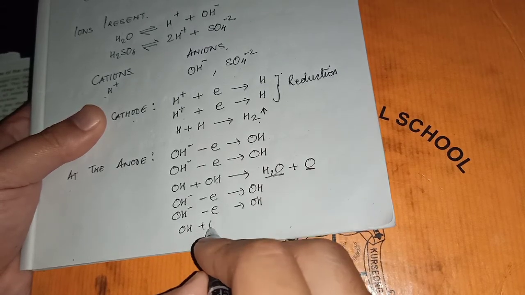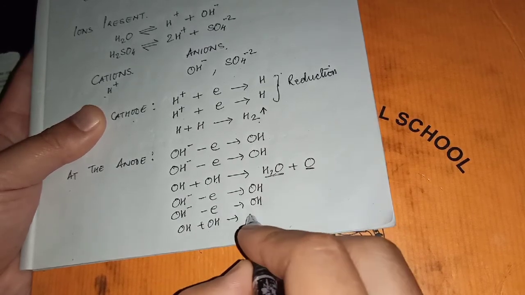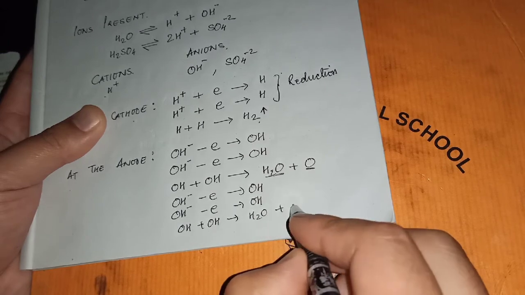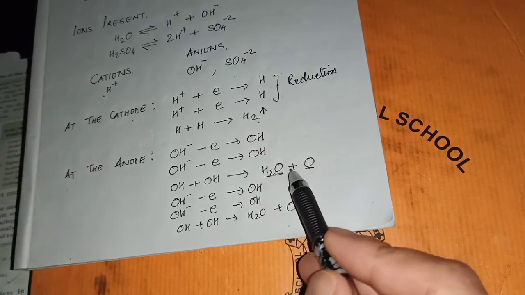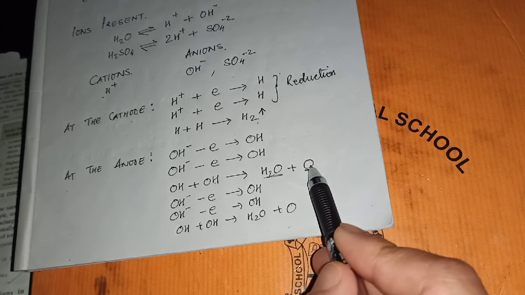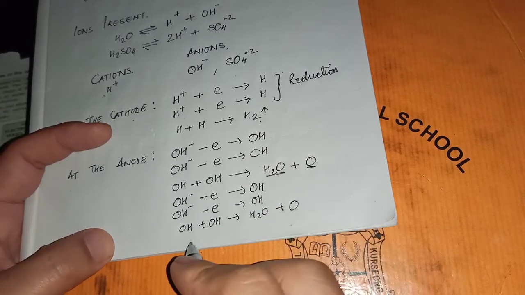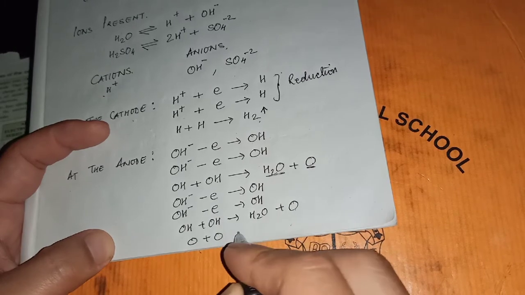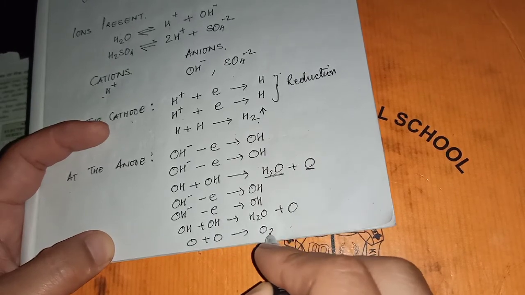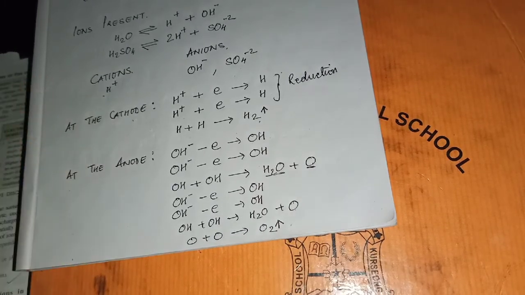These two OH combine and produce H2O plus O. Now here there is one oxygen atom and here we have another oxygen atom. So these two oxygen atoms, O plus O, combine together to produce oxygen gas. Therefore, which gas will get produced at the anode? Oxygen gas will get produced at the anode.